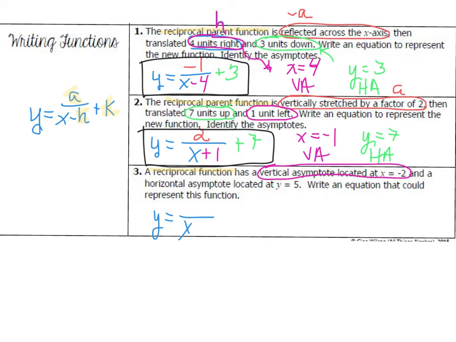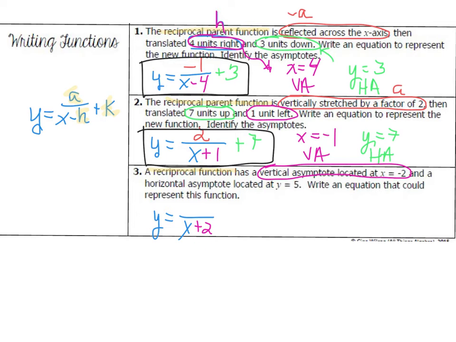And so we're going to change the sign of that -2 and make it a +2. Because if x cannot be -2, I'm going to have to add a +2 to make this a 0 in here. So if you just took this and made it so that one side is 0, you would add 2 to both sides. So you're going to have x plus 2. That's how you go from a vertical asymptote to this.